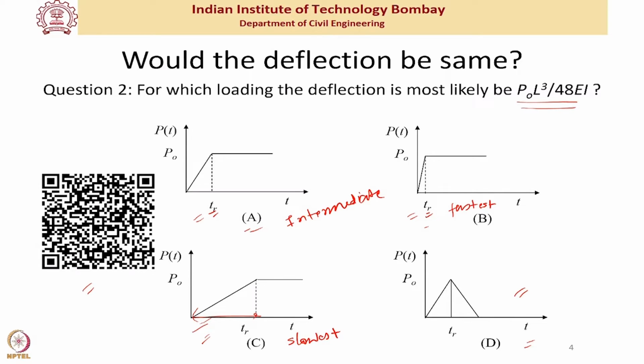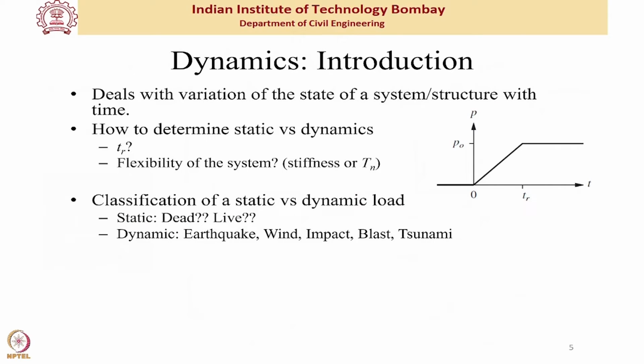We'll also prove that mathematically. But physically you just need to imagine that if you apply a load very slowly, then the load is actually being applied statically and it does not produce any dynamic effect in the structure. Okay, so this one is most likely to give you the value which is P naught L cube by 48 EI.